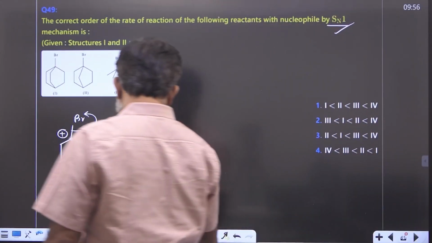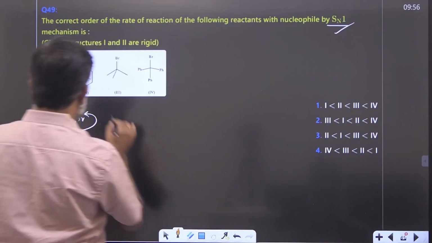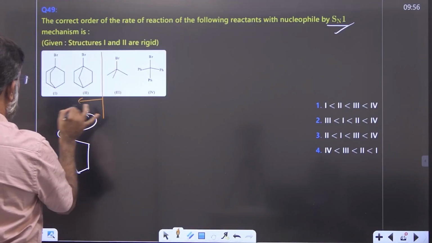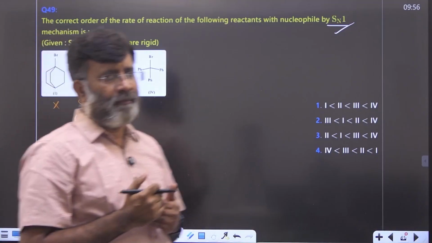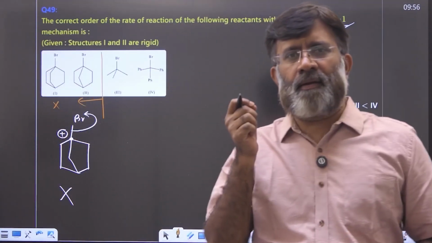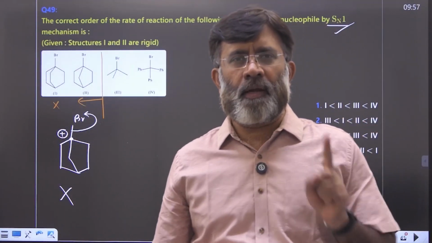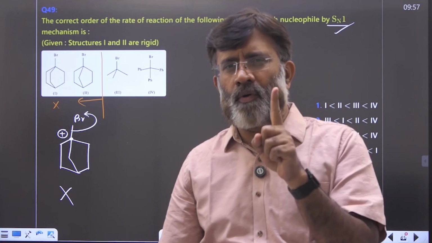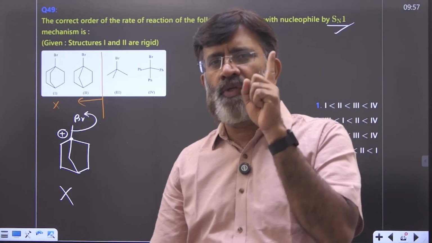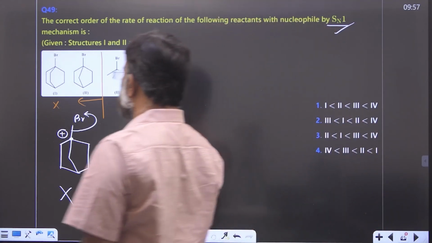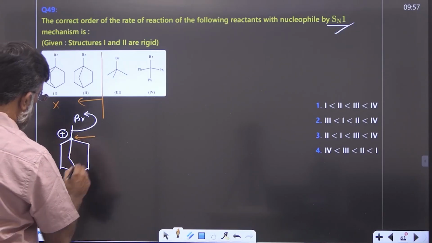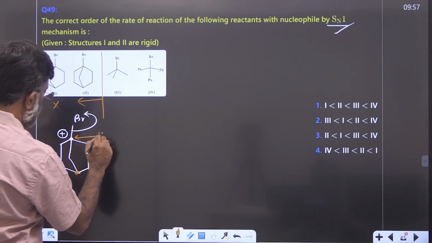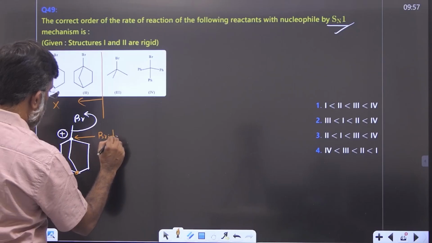So these two molecules are coming last. Upon leaving the halogen, you get a carbocation on the bridgehead carbon. In a bicyclo unit, this carbon and this carbon are called bridgehead carbons.